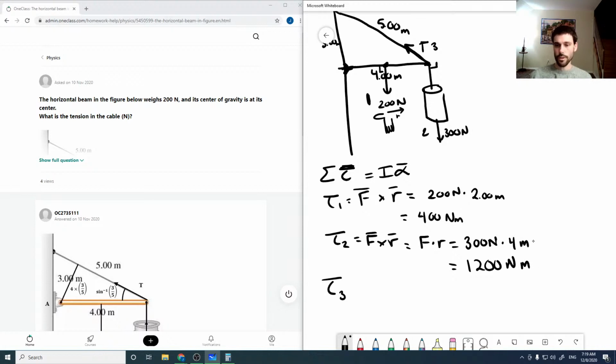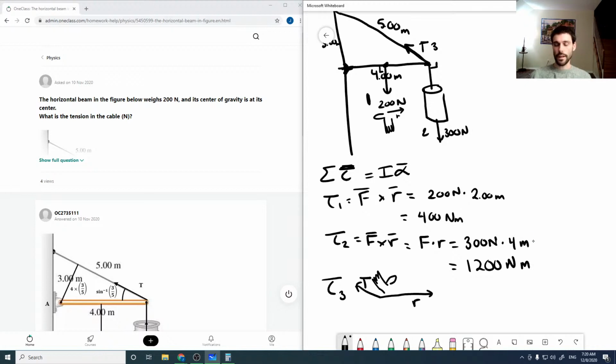And now to look at the third torque, I'm just going to draw it so that we can see it. It's the tension, and here's our R. Now if we point our fingers towards the tension, and our palm in the direction of the radius, so that would be this way, our thumb would point downward or into the page.